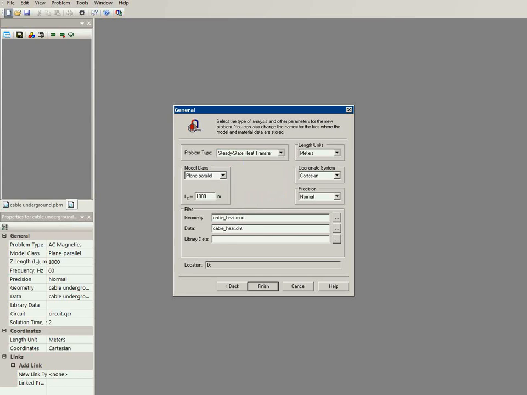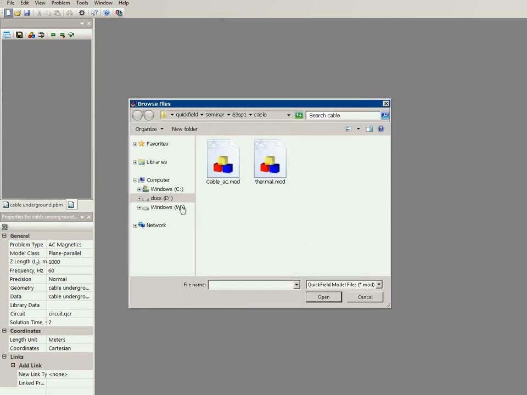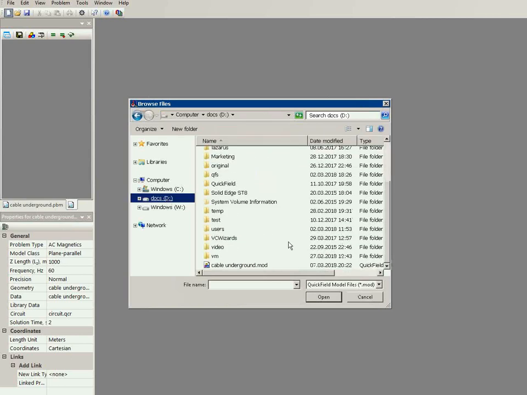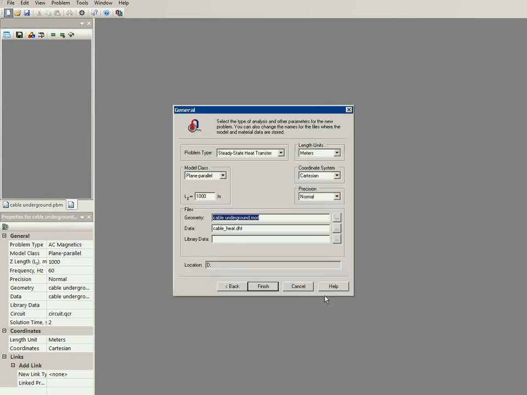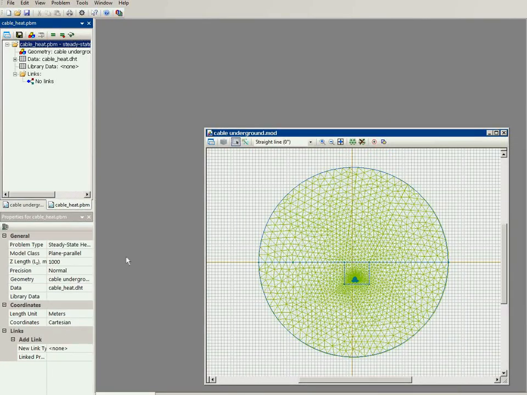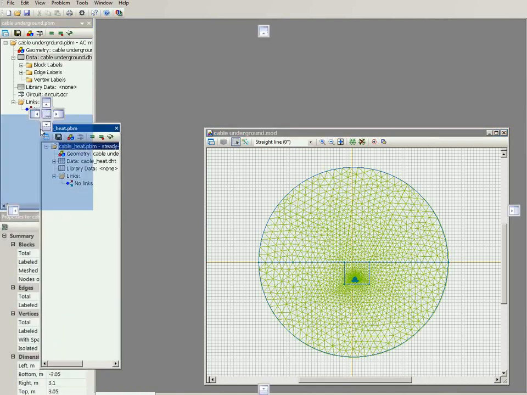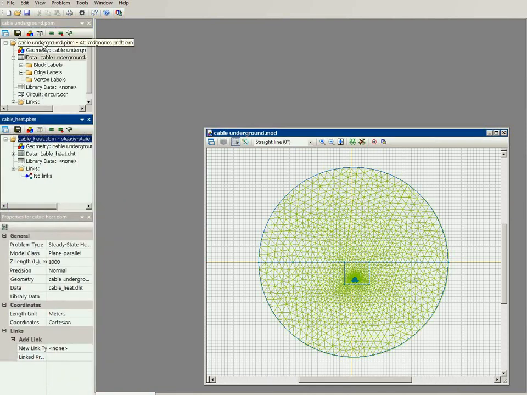The length of the cable line is 1 kilometer, but the geometry model is the same that I used for AC magnetic analysis. Now you see there are two problems, AC magnetics and heat transfer, and they share the same geometry model.